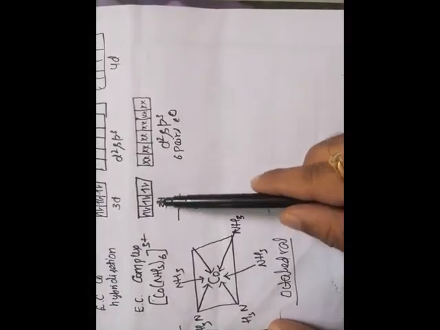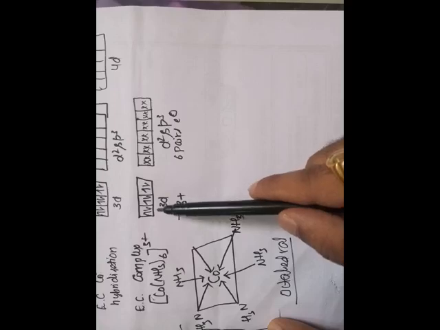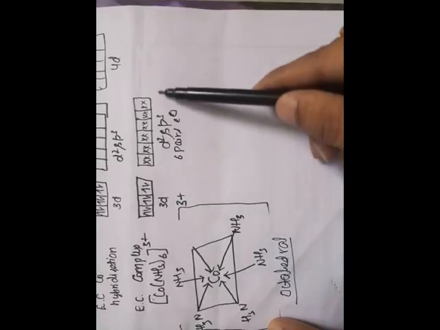Next, let us see its magnetic properties. As you can observe here in the electronic configuration of the complex, no unpaired electrons are present in this complex.